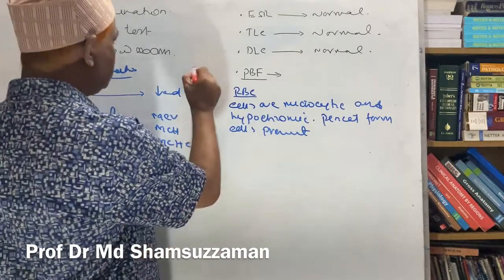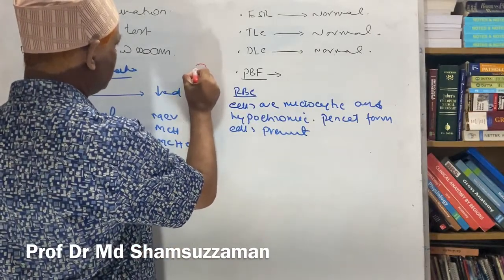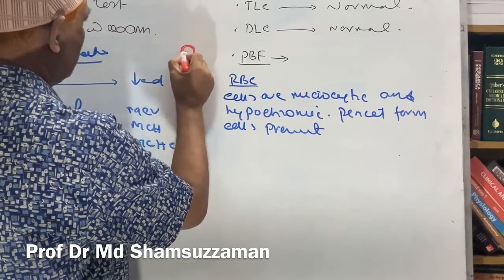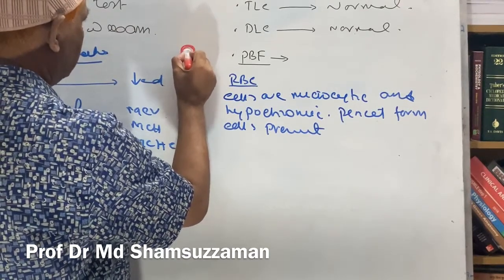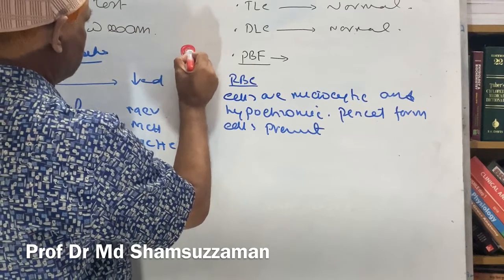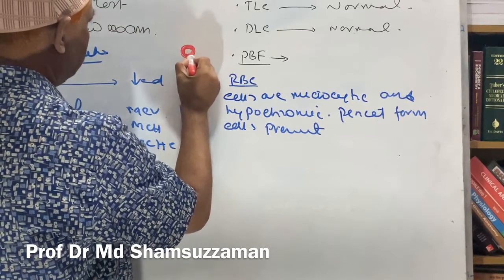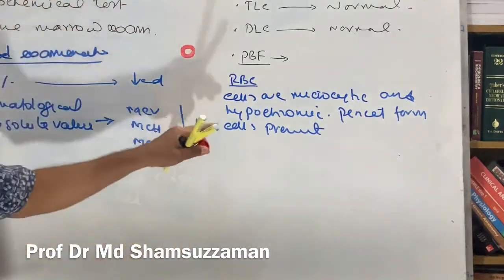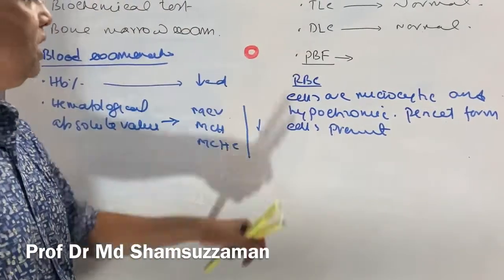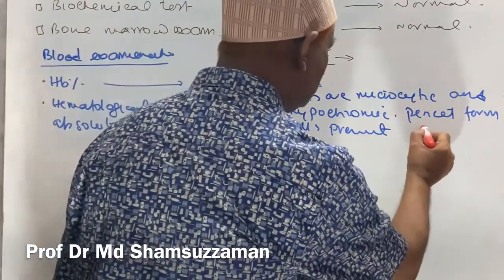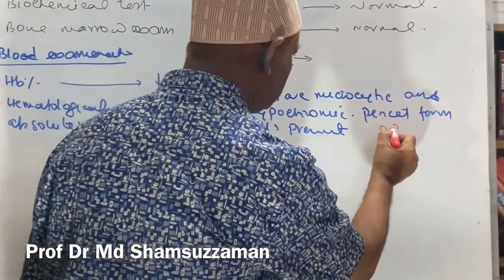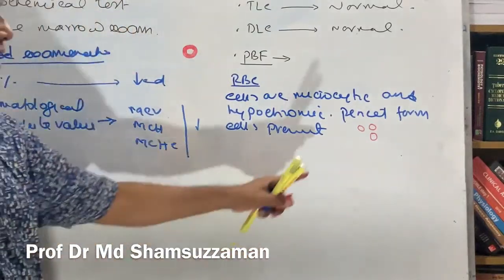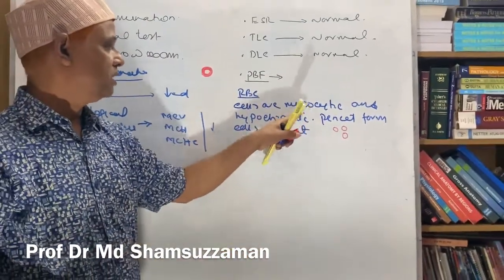Dear audience, you know, normal RBC is a biconcave disc, and in the periphery there is maximum concentration of hemoglobin, and the central third is pale. This is normal RBC. So in case of iron deficiency anemia, the size of RBC will be reduced, and there will be hypochromia. Size reduced means microcytic.